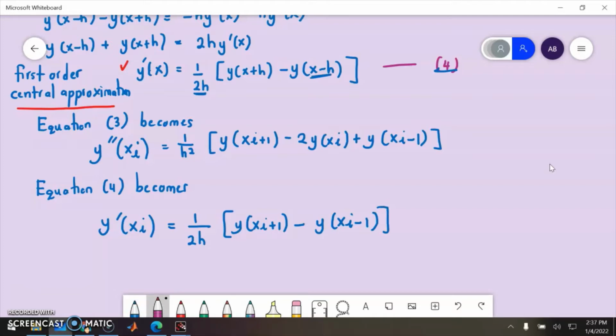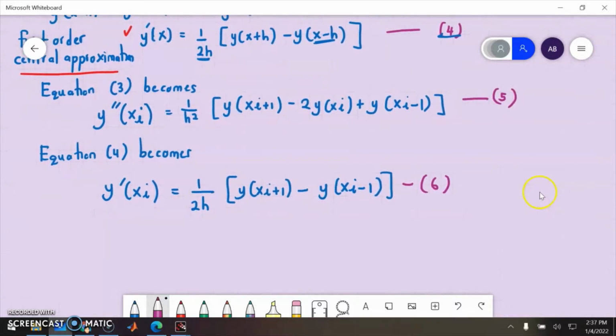So these are the ones we're going to be looking at, equation 5 and equation 6.